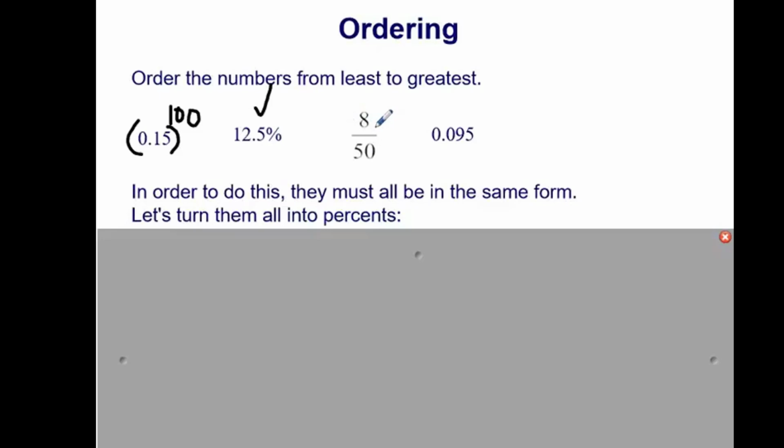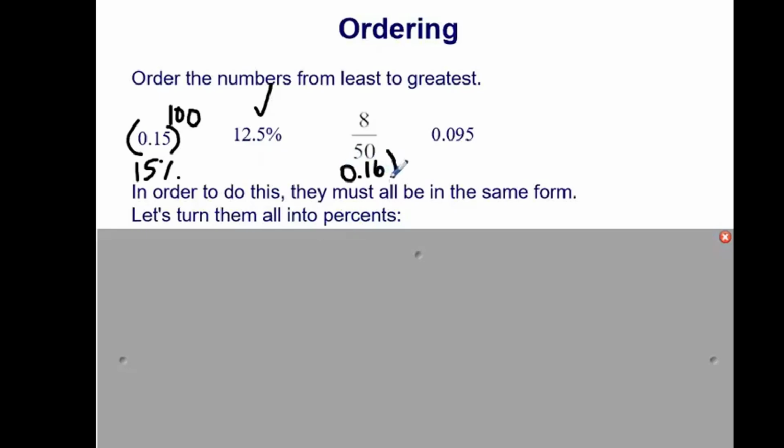8 over 50, you want to turn into a decimal by dividing and then multiplying by 100. 8 divided by 50 is 0.16, which is now a decimal, so we'll multiply by 100, which will give us 16%. The 0.15 will give us 15% when we multiply by 100.